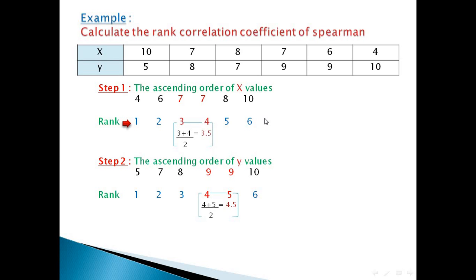After finding the rank of x and the rank of y, step 3, you're gonna form a table consists of 6 columns. Column for x, column for y, and the third and fourth column for the rank of x and rank of y. Let's see.